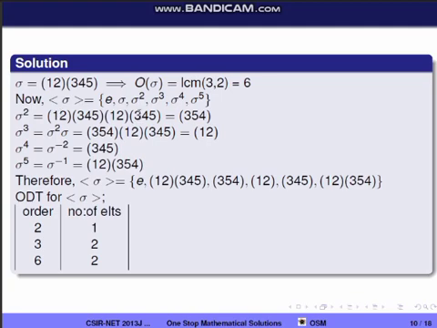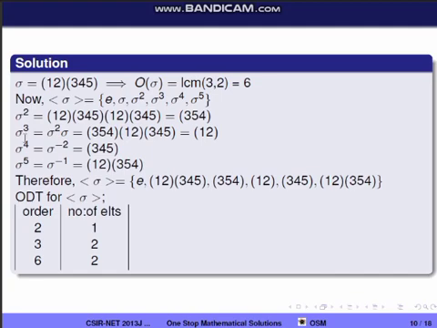Now 3 is mapped to 4 and 4 is mapped to 5, so 3 is mapped to 5. Now check for 5. 5 is mapped to 3, 3 is mapped to 4, so 5 is mapped to 4. Now check for 4. 4 is mapped to 5, 5 is mapped to 3. So this cycle completes. So sigma square is equal to (3 5 4).